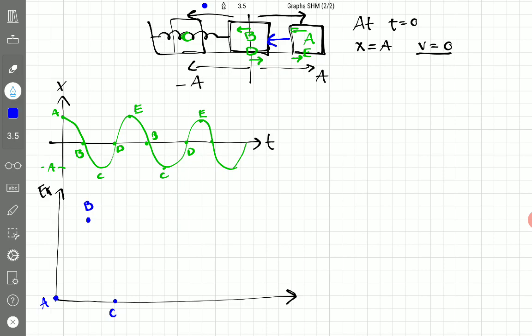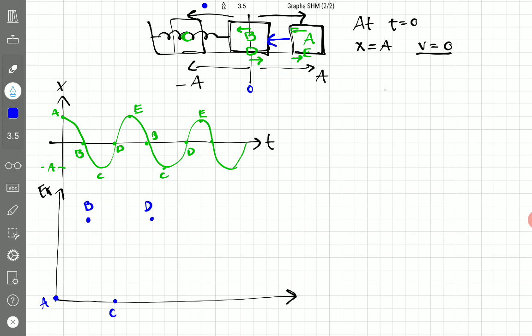And then what will happen when it's back at the center of the equilibrium position, but moving in the opposite direction? That's point D. So for point D, it will have again the maximum velocity, meaning that it has maximum kinetic energy, but it's in the opposite direction.